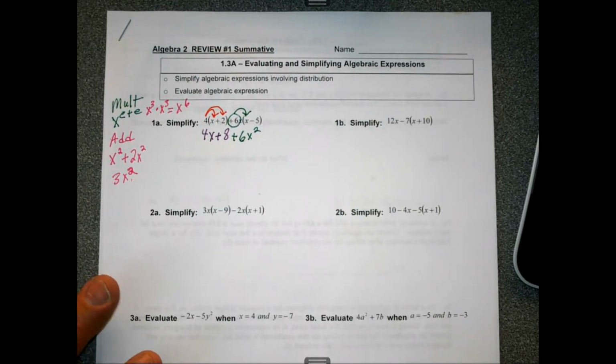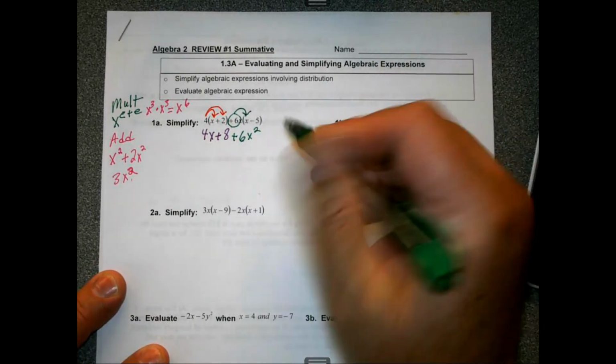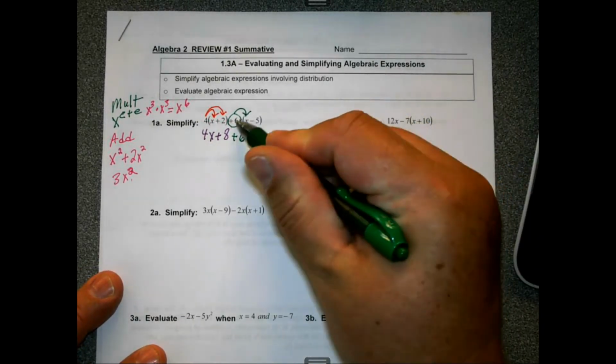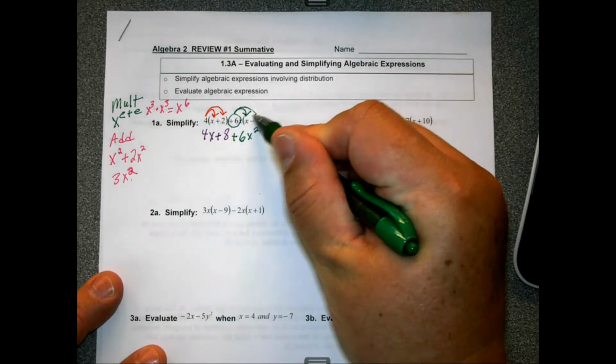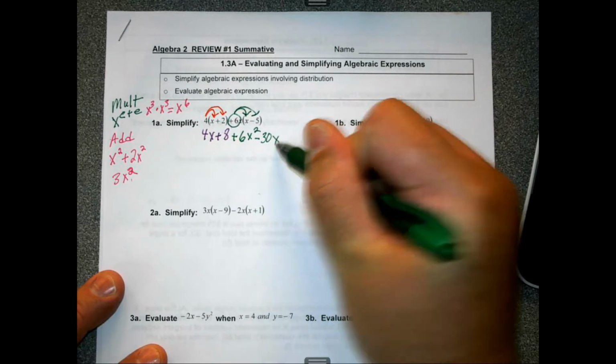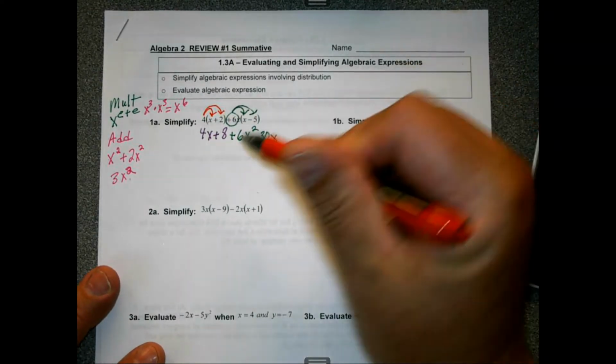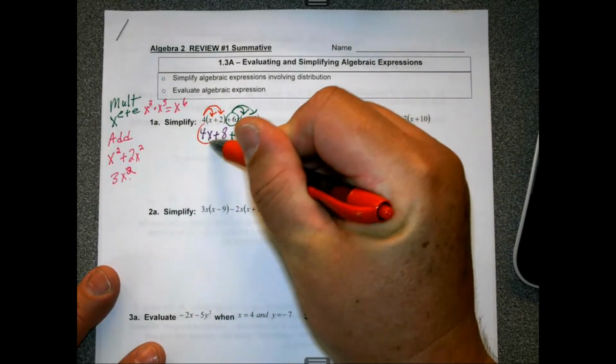Then I have to distribute the 6x to the minus 5. So 6x times minus 5 is minus 30x. Now in this one, I do have some terms I can combine. I have x to the first terms, right?